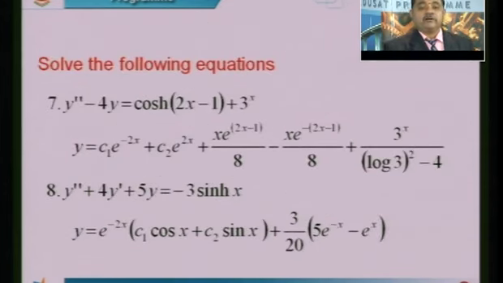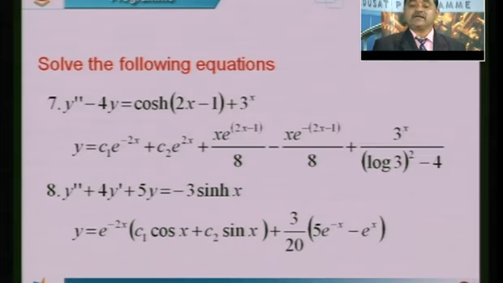Now, there are two indirect forms of type 1. As you know, cos hyperbolic and sin hyperbolic are represented in the form of exponential only. Cos hyperbolic is e power ax plus e power minus ax by 2.